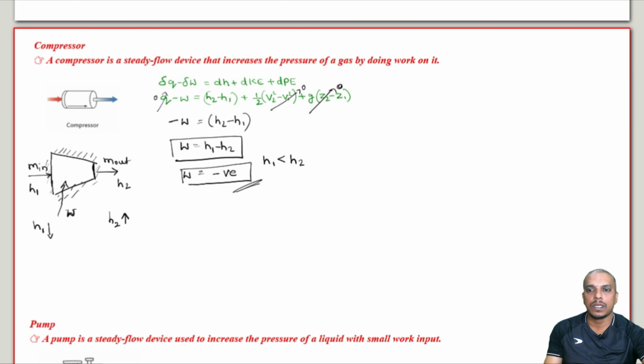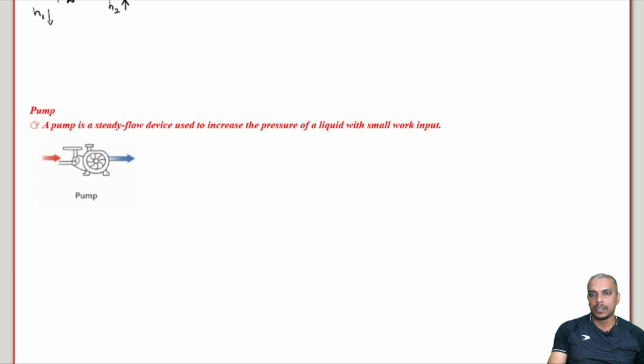Now, let us move on to the next device, a pump. There is not much difference between a compressor and a pump in terms of this reduction of the steady flow energy equation. A pump is handling water or liquid, whereas a compressor is handling gas. Now, let us come back to the same equation.